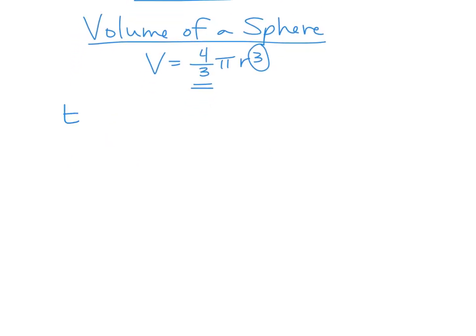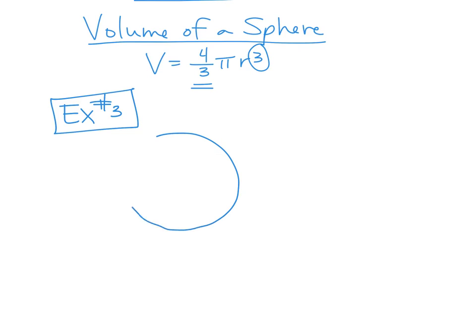This is example number 3. Let's say our sphere has a radius of 6 meters. Okay, so if I want the volume of this sphere, it's already a radius for you, so you don't have to cut it in half this time.